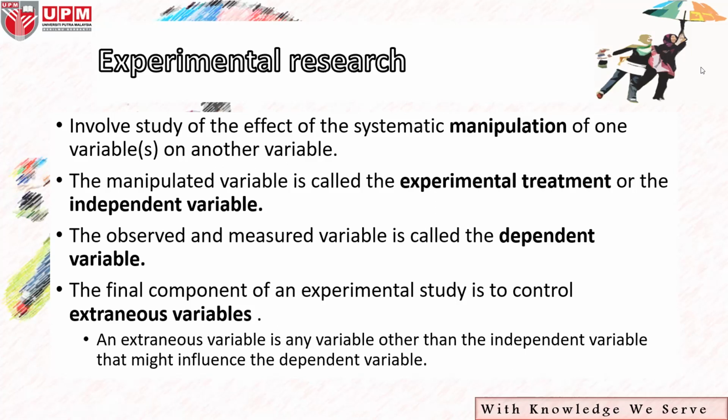Because our focus is on our IV and DV, the treatment, and then the output, the dependent variable. So we want to control, we want to identify the factors, the third factors, okay, that probably has influence on the dependent variable. So then we need to control.